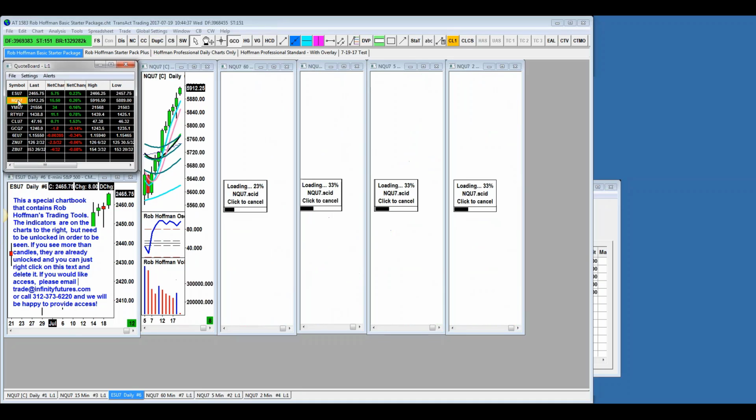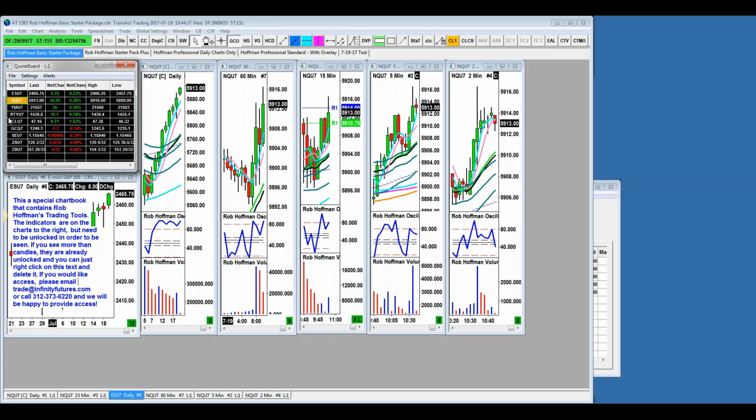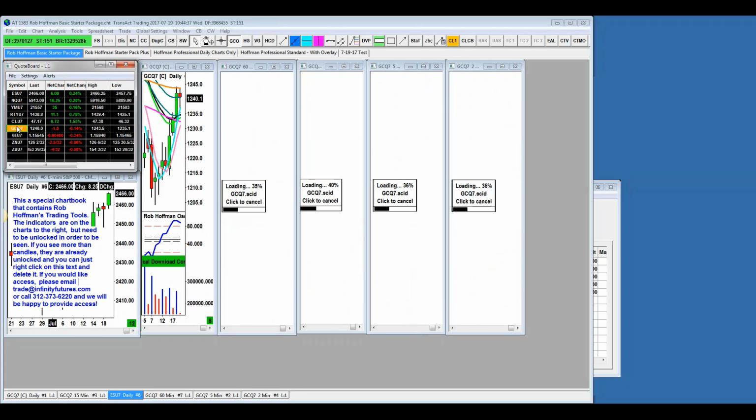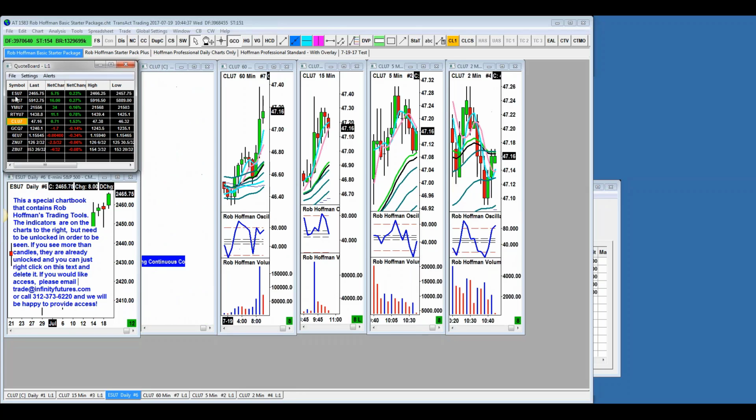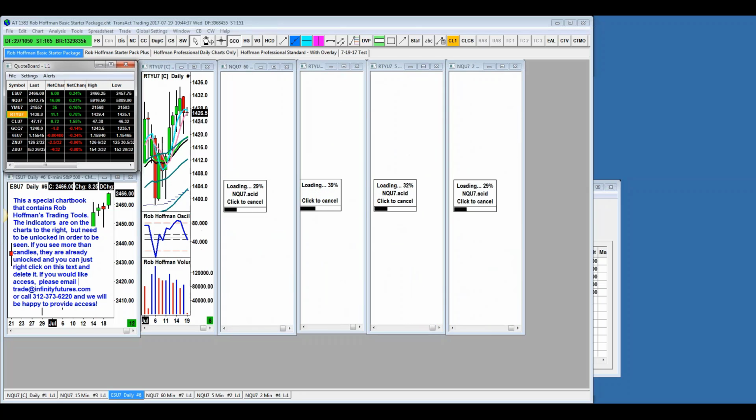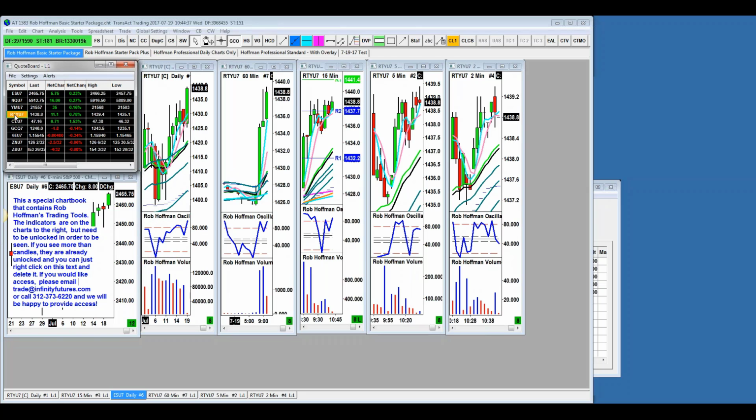This quote board is linked to these charts over here, so when you click on a symbol, they flip over to the new symbol. We saw Rob looking at crude, S&P, Nasdaq. Here's the Russell, and so on. It's a really lightweight system, and using the simulator does not obligate you to open a live account or require you to divulge any real personal data. It's all just phone, email, name, and you click submit.